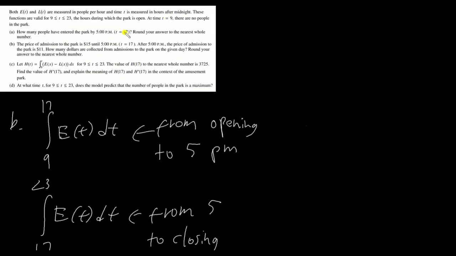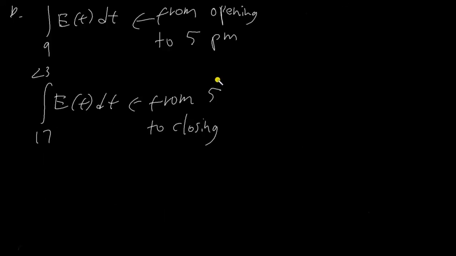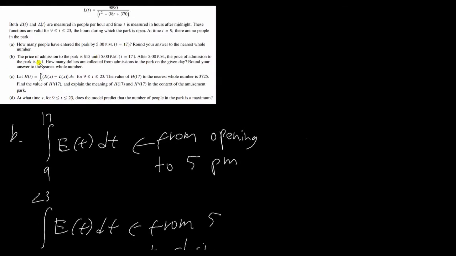Alright, and then for each person in the first group, how much was it? It was $15. So if we take the total number of people and multiply it by 15, that'll tell us how much money they collected from this group of people. So that's going to be 15 times the integral from 9 to 17 of E of t. And then for this group of people, the admission cost was $11.